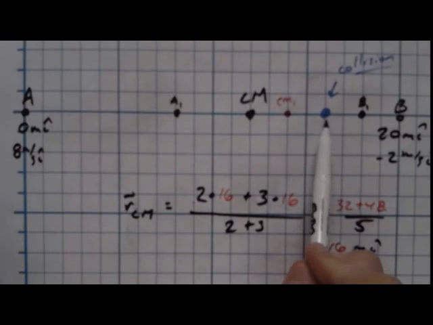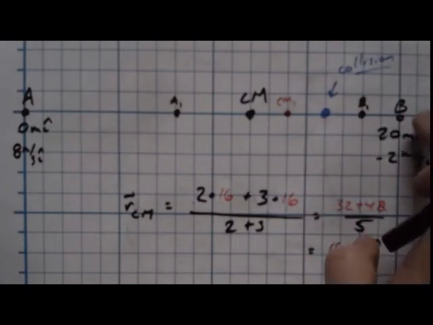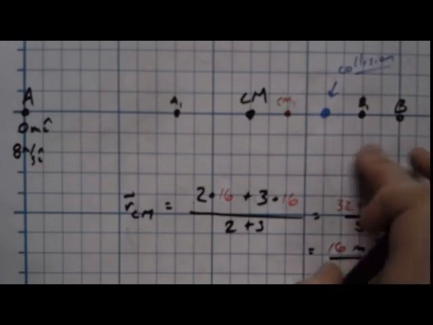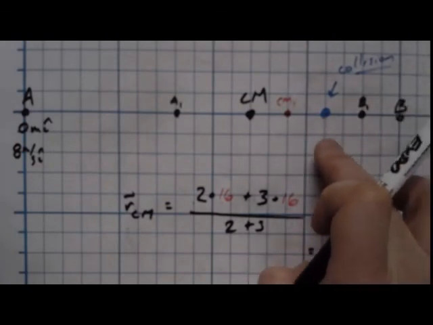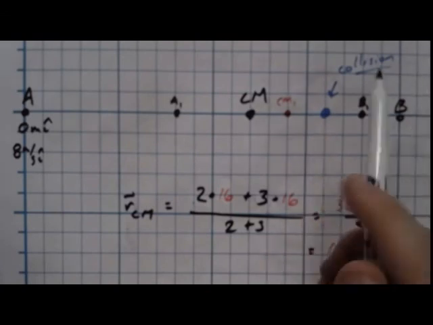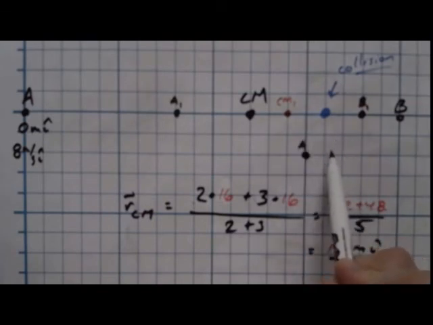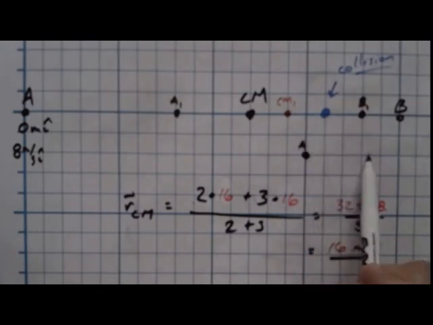So after the collision, let's see, erase this and I'll put the return path down a little bit so we can see it. So object A is going to go backwards by 1, right there. And object B is going to go forward by 4 from there. 1, 2, 3, 4.